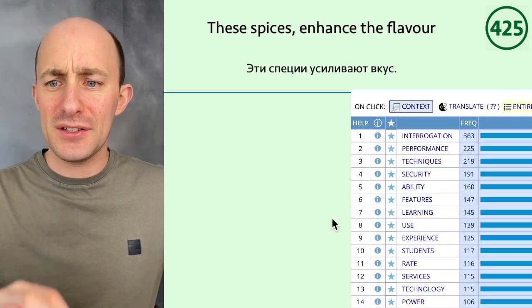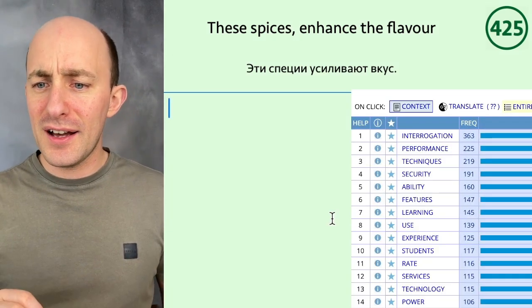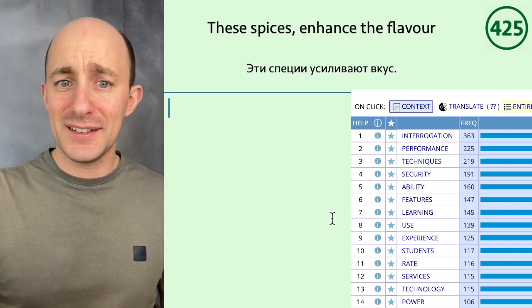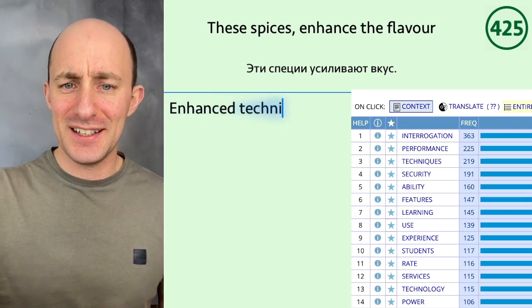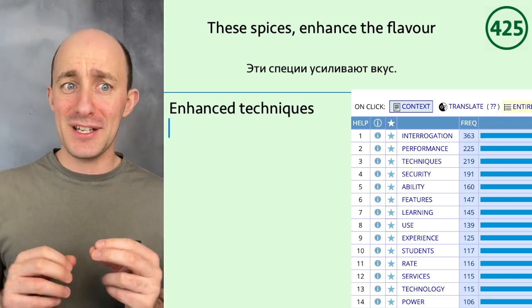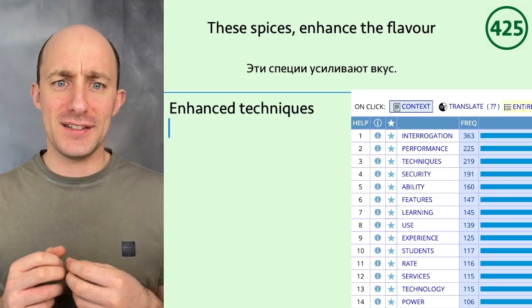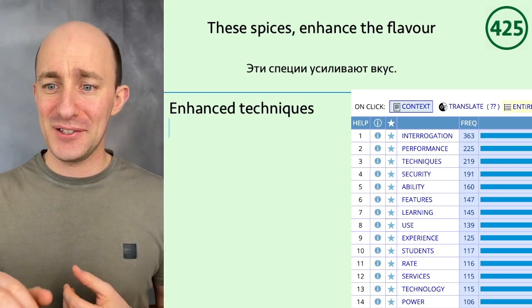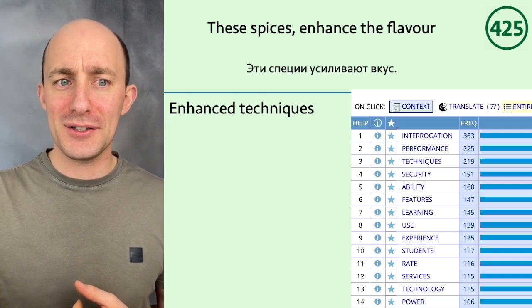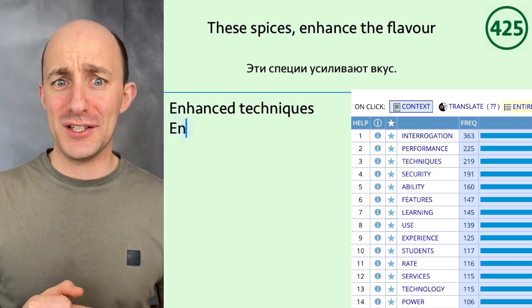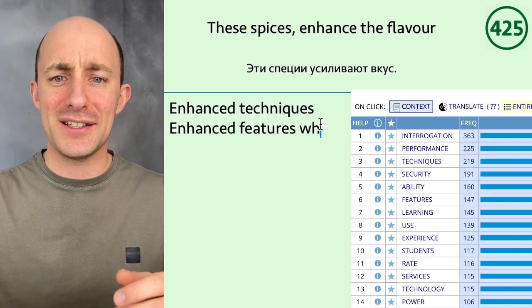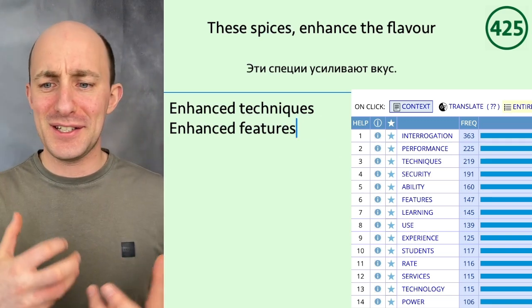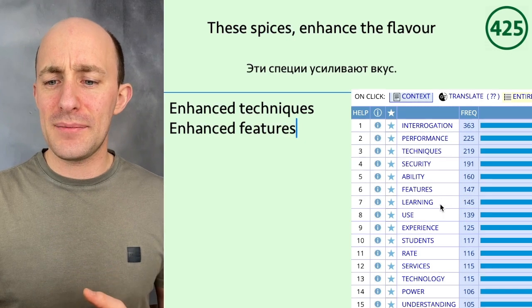I think usually it's about sensors. Enhanced techniques. That means not the simple techniques, the advanced or the enhanced ones. You can talk about enhanced features, which to be honest is another way to talk about advanced features. Enhanced features, advanced features, it's quite similar really.